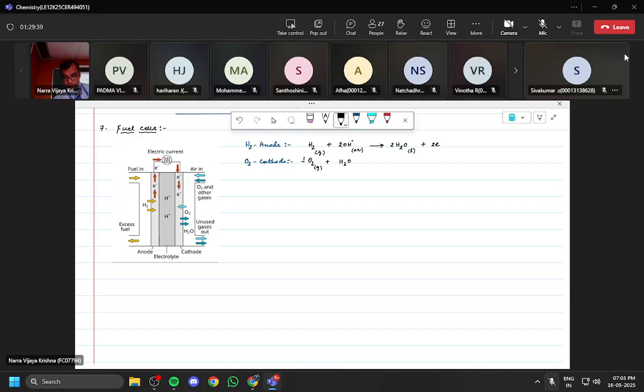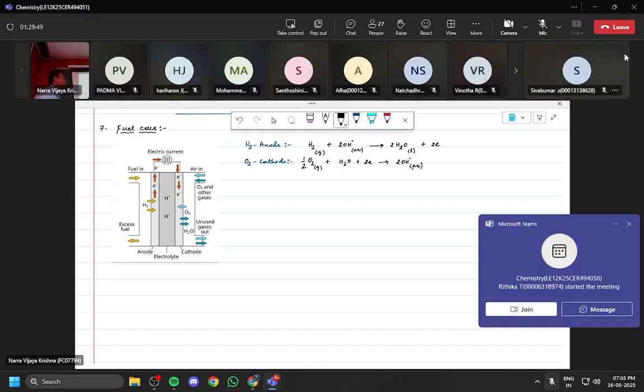Half O2 plus H2O plus 2 electrons gives rise to 2OH minus aqueous. Check whether the reaction got balanced or not. Oxygens 2, hydrogens 2, charge 2 minus, 2 minus. What is the overall reaction? H2O, H2O, 2 electrons, 2 electrons, and the OH minus is gone.